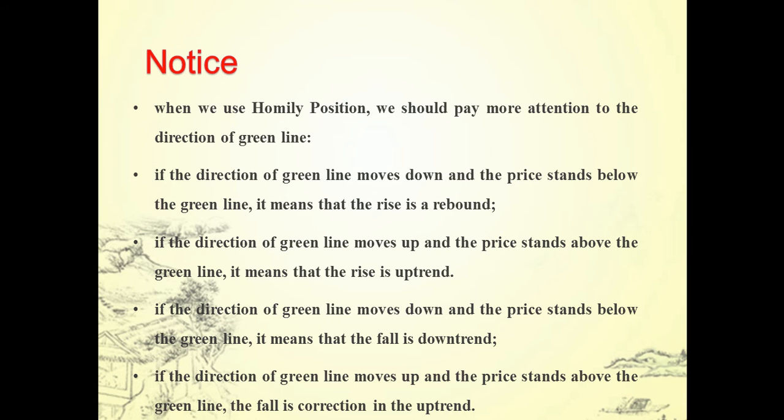This is the downtrend. Okay, and we can see here the green line is up and the price is above the green line. This falling, the price drops. This is only for short-term correction. So you have another chance to buy again because this is the buy point.